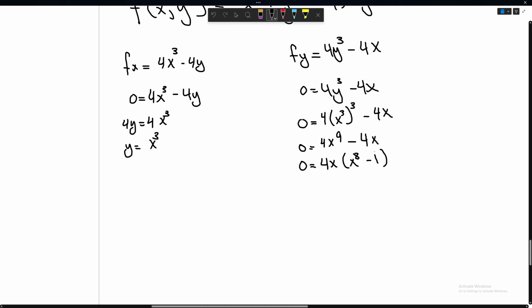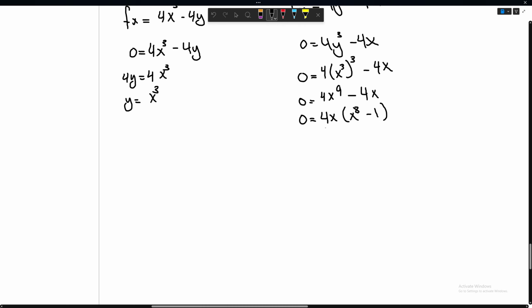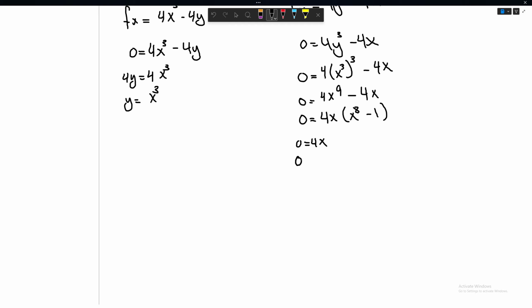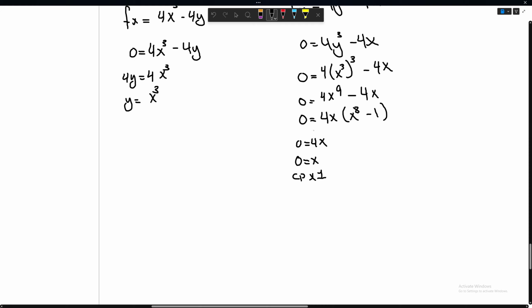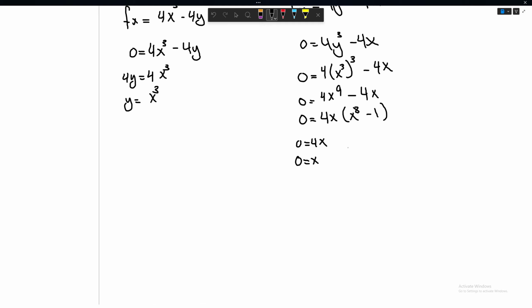There you go. Now what I'll do is isolate these. So I get 0 equals 4x, which is 0 equals x. I'm not gonna write that because I feel like that'll confuse people actually. This is the first critical point of my x. And my second critical point, 0 equals x to the 8 minus 1.